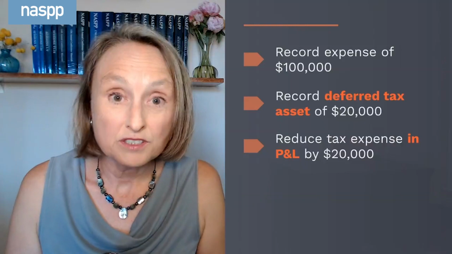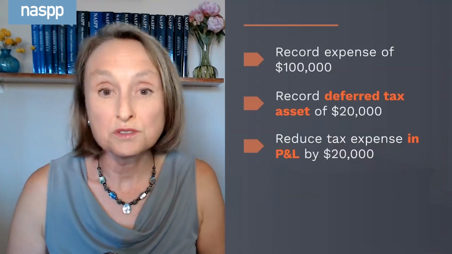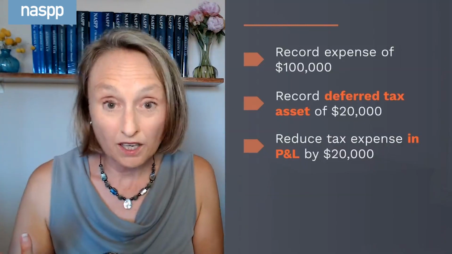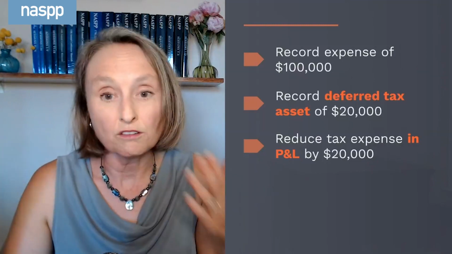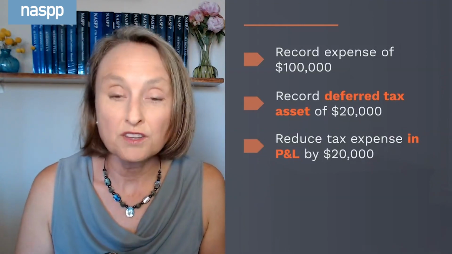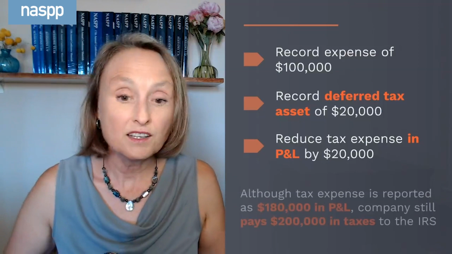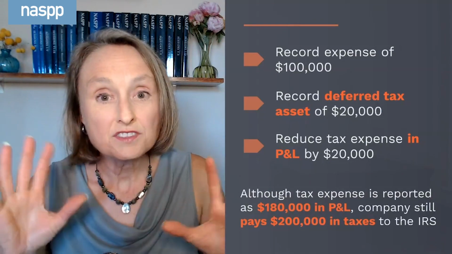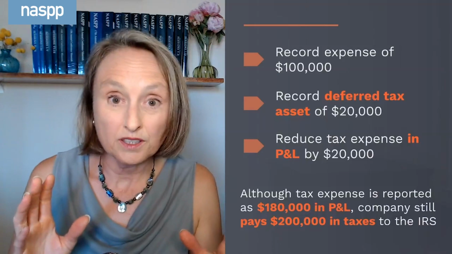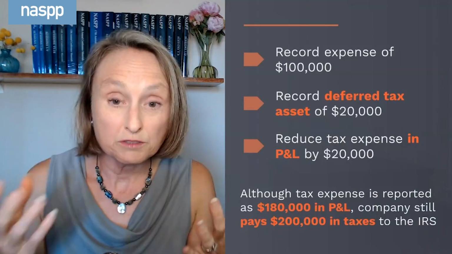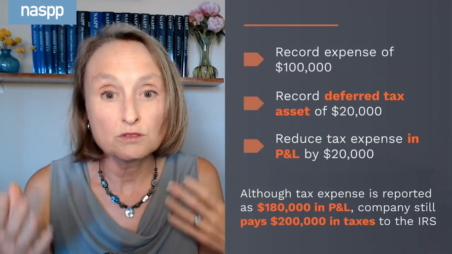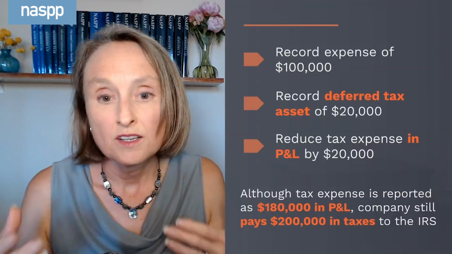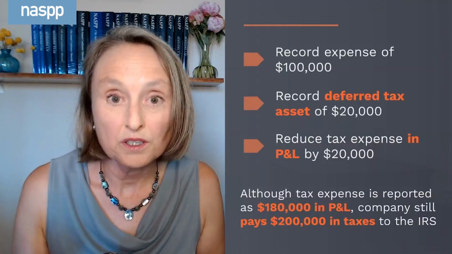And then that deferred tax asset is going to reduce our reported tax expense in our P&L for this period by $20,000. It is also important to know that all of this is happening only in the P&L. So we're going to reduce our tax expense in the P&L to $180,000 as a result of this RSU award.